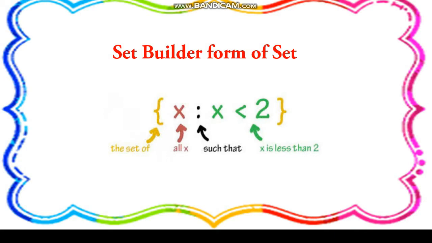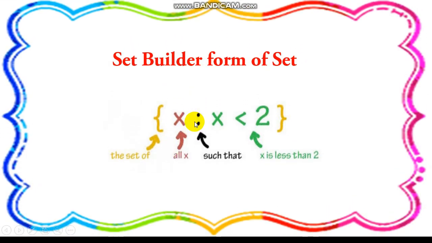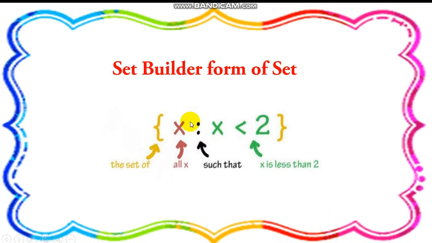Now here is another example of how to write a set in set builder form. Here a set is written in the set builder form. How will we read it? We will read it as the set of all x, and these two dots represent "such that".